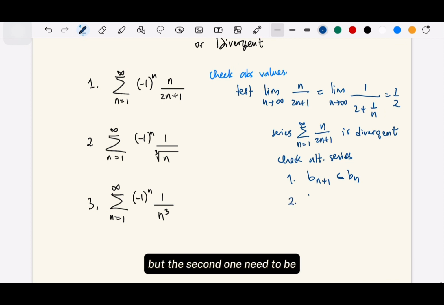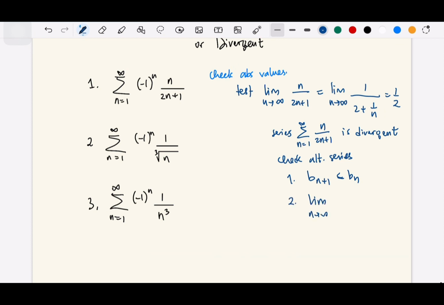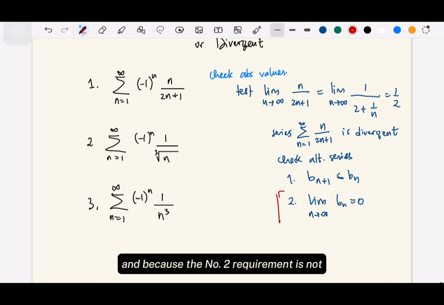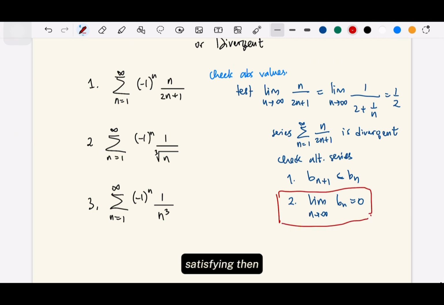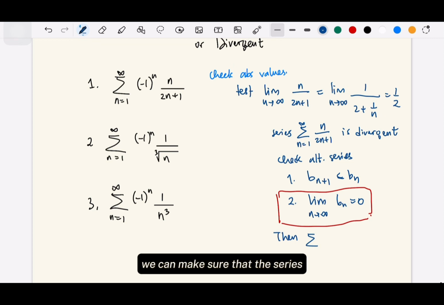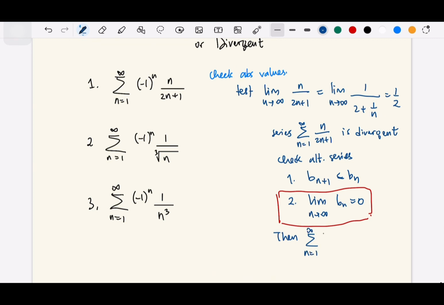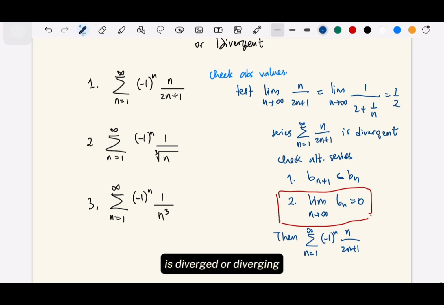But the second one needs to be 0. Because the second requirement is not satisfied, then we can make sure that the series is divergent.